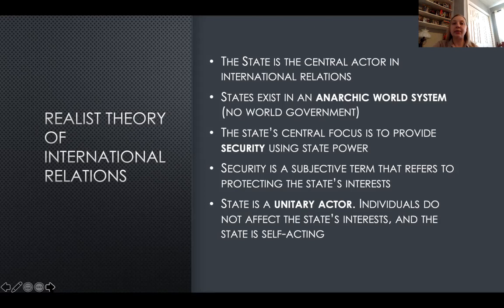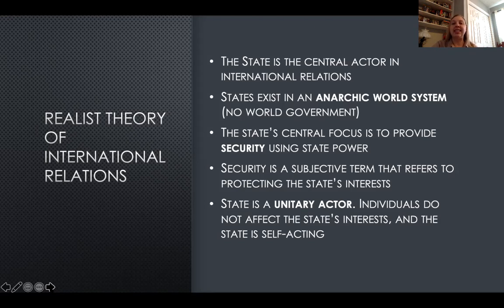So the first thing that we need to know about realist theory is that it imagines the state as a unitary and central actor in international relations, meaning that the state is its own entity and it acts as one, and it is the primary vehicle through which international relations take place.